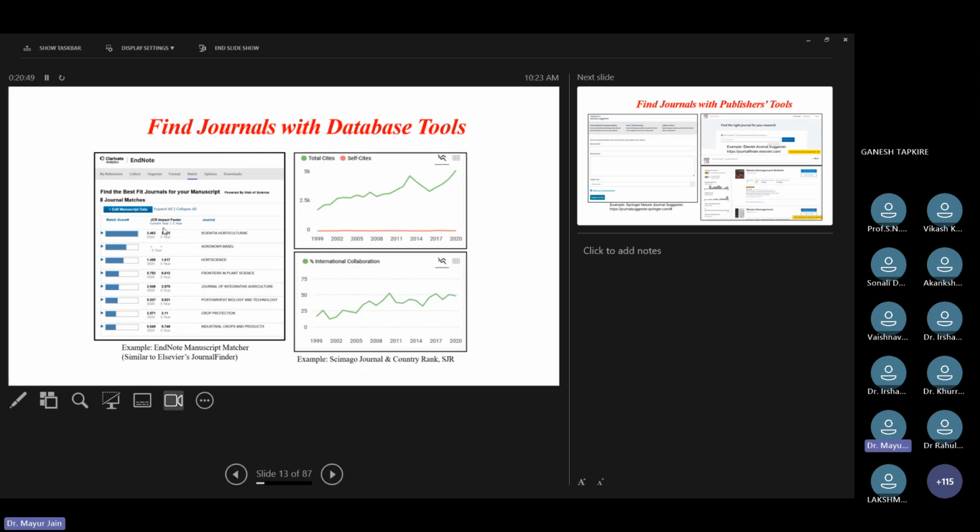And then some data is also given in Clarivate Analytics, that is in the Web of Science database. Probably you can also find which particular journal is best suited. There are certain tools on the publishers' websites where, let's say, if you put in an abstract or keywords, it will immediately tell you what kind of journals you should select, right?